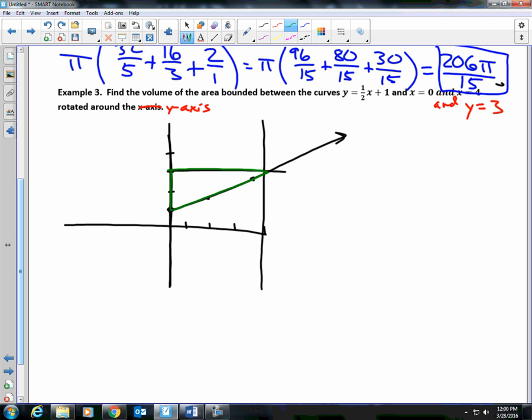Now I'm going to spin that around the y-axis. Well, I can't draw a vertical rectangle this time. I have to draw a horizontal rectangle. Does that horizontal rectangle have thickness of dx or dy?